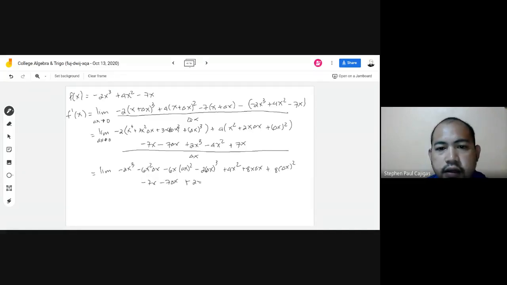Copy the line here, all over delta x as delta x approaches 0.